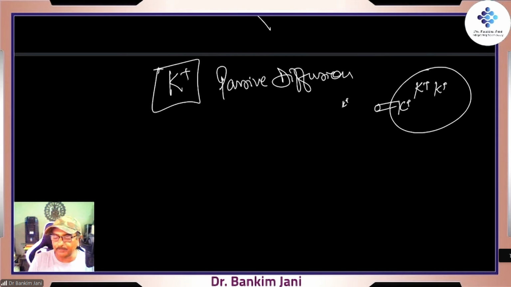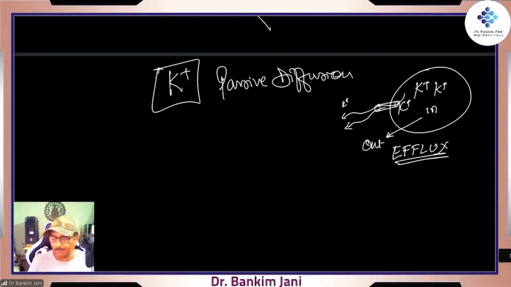If there is a door which is open, obviously potassium will start traveling outside. Potassium is going from in to out, and that is what we call efflux. E is for exit. So this is the efflux of potassium.